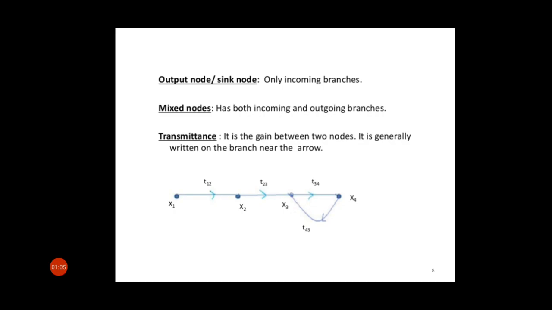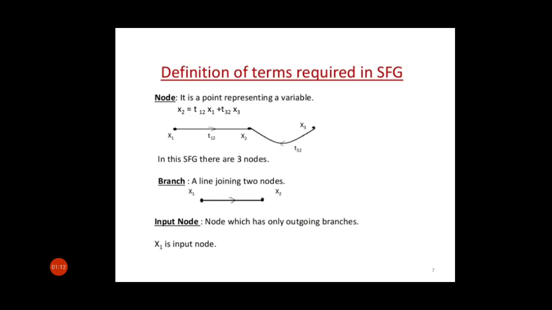So after input and output node, the next term is mixed node. Previously we have seen what an input node is.